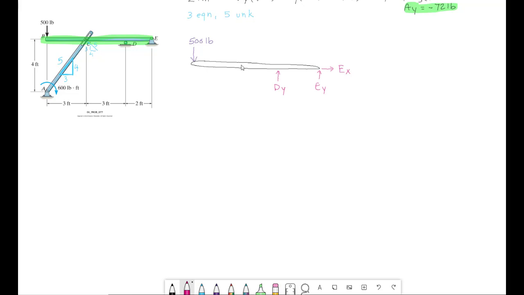So we're going to have a force acting here on point C, and that force is going to be this normal force, which we've solved. That's 120 pounds. That is the normal force, and it's pushing down. It's equal and opposite to the one we had before. And that is also going to be 3, 4, 5. It's going to have the opposite triangle to the bar that it's perpendicular to.